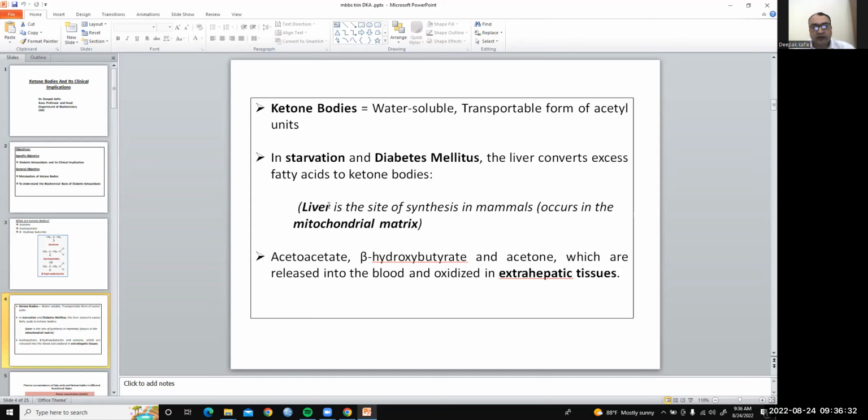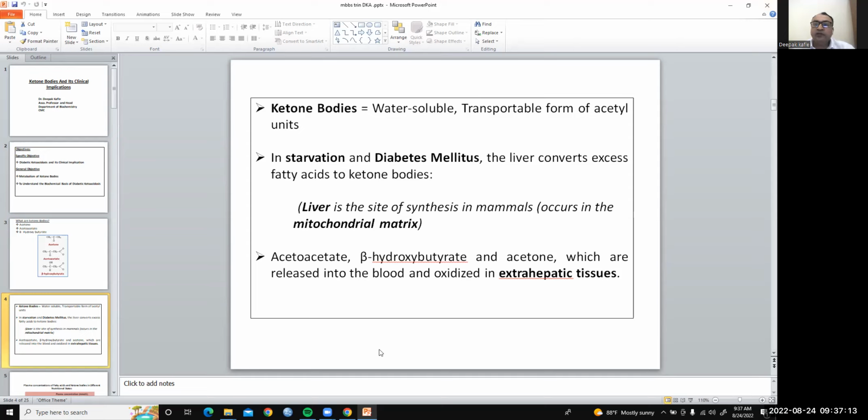The liver is the main site of ketone body production, and the product that is formed in the liver after the transport of that fatty acid is acetyl CoA units. That acetyl CoA is formed by beta oxidation, which takes place in the mitochondrial matrix of the liver, and that acetyl CoA is the source of ketone body biosynthesis during starvation and in uncontrolled diabetes, as well as in low carbohydrate diet conditions.